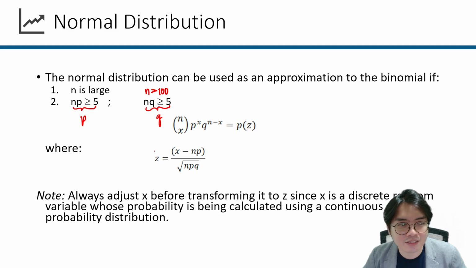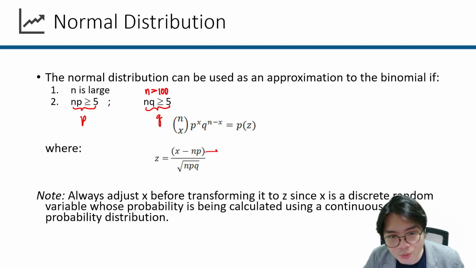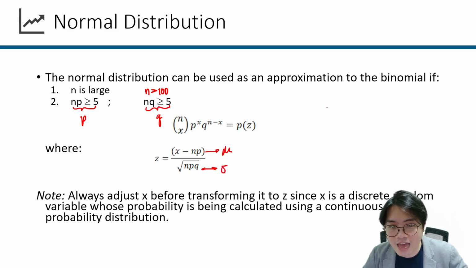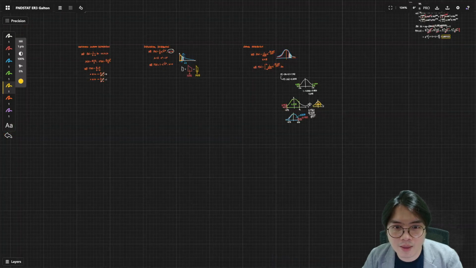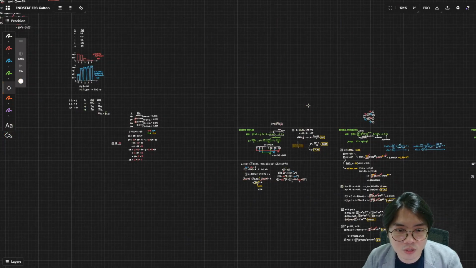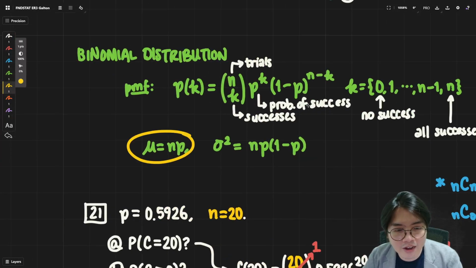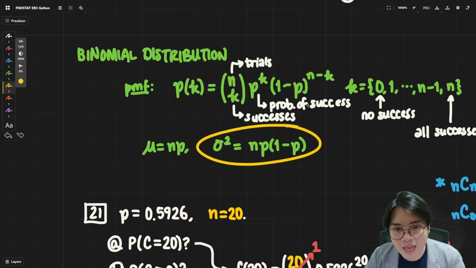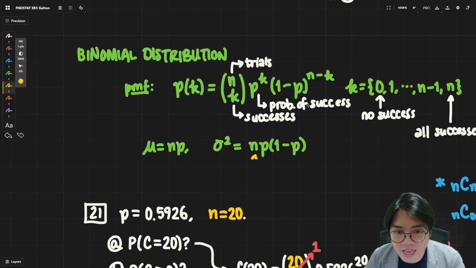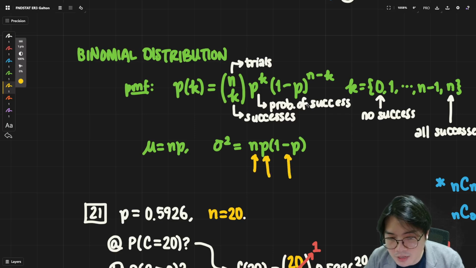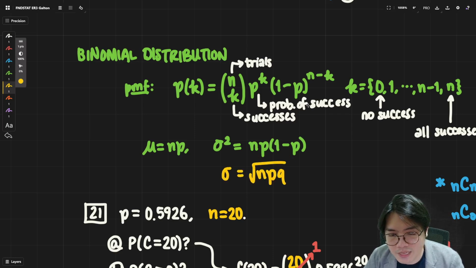In this case, your mu and sigma are the values of mu and sigma that you would find in a binomial distribution. If you remember, in the binomial distribution, the mean is np, and the variance is n times p times 1 minus p, or q. So your sigma really is the square root of npq.